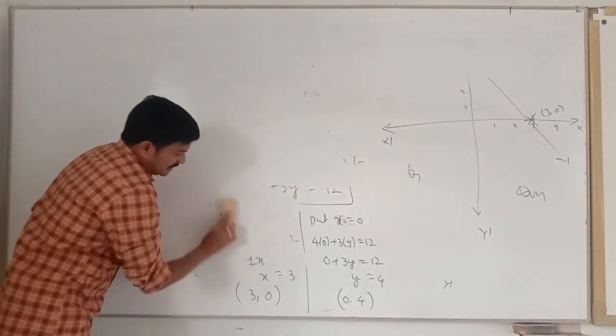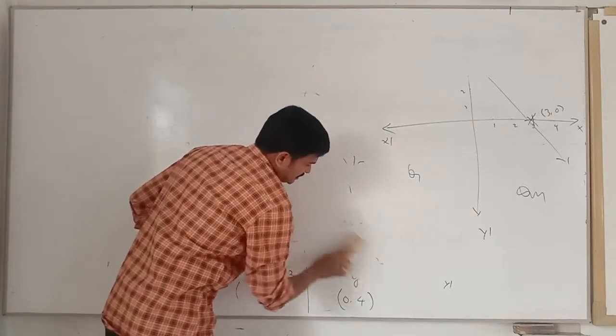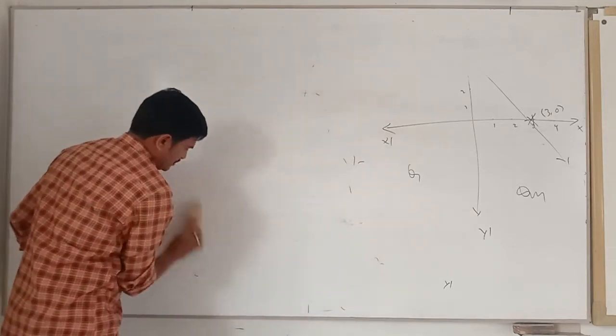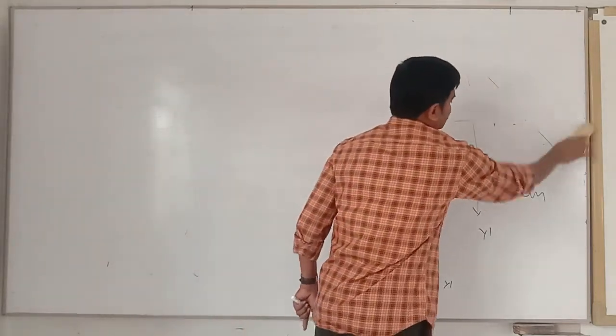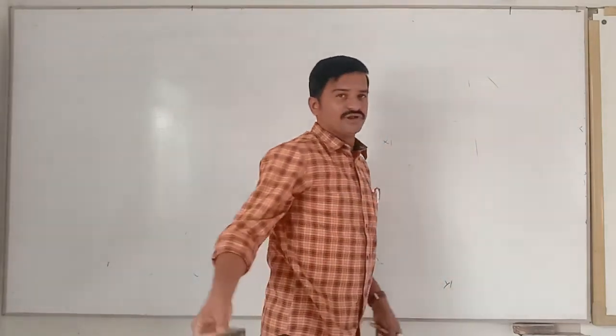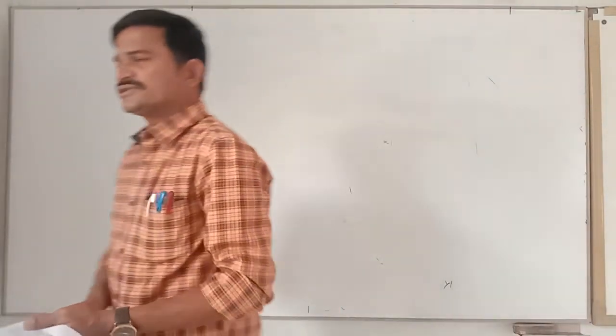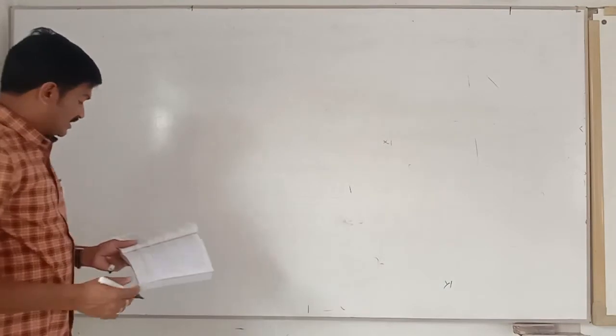Okay, children, now let us discuss a small example, not a graph, just an application of this linear equation in two variables. Sometimes he may ask you this type of question also. What is that?